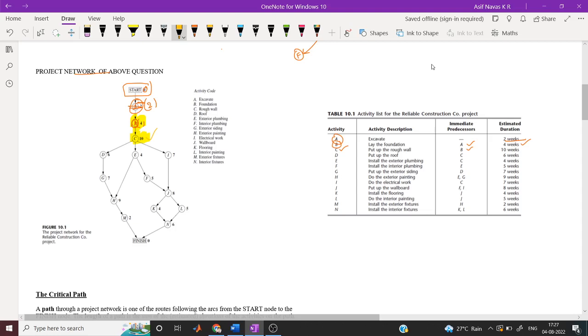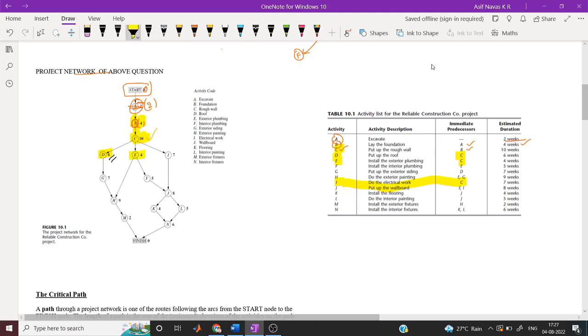Then we have C done, over to D. The immediate predecessor of D is C, and C is also the immediate predecessor of E, and of I. So C is the immediate predecessor of D, and we will write it here, and its value is 6.